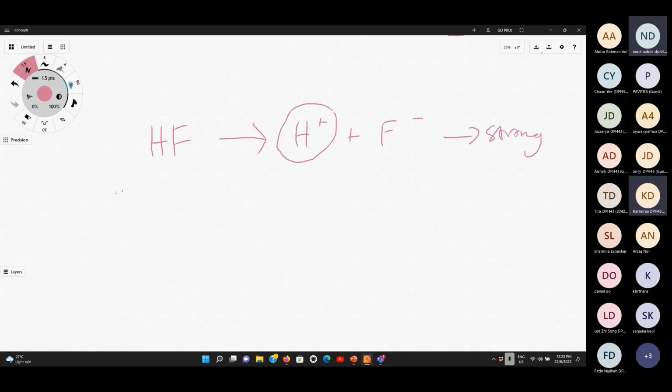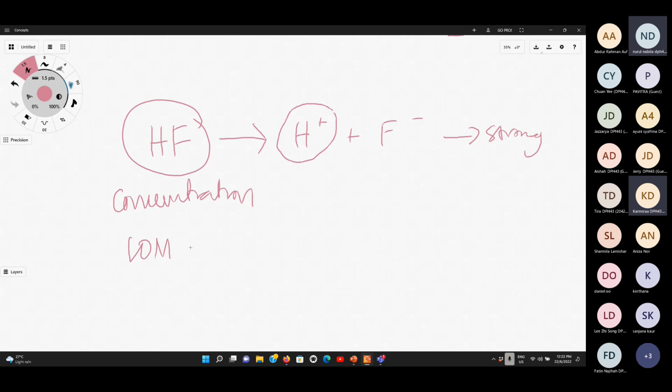Tapi dia tak mention anything about the concentration because concentration just means how much of this is dissolved dalam water. So kalau saya timbang, saya kata I prepare a solution of hydrofluoric acid ini sebanyak 10 molar, which is a very high molarity, a very high concentration.